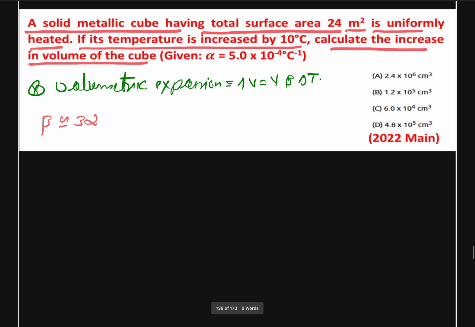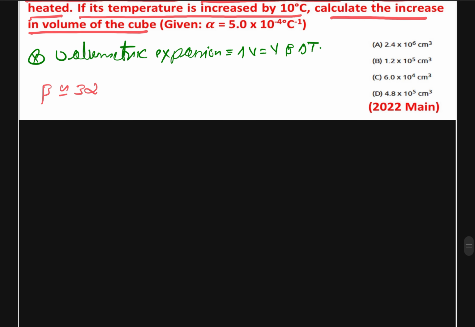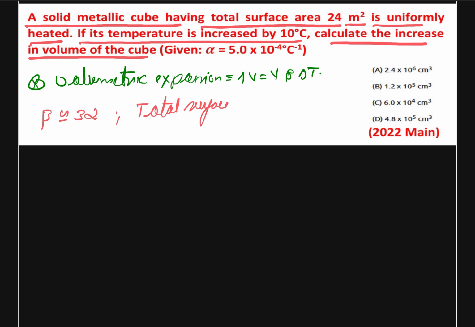Surface area is given to us as 24. So we can say total surface area for our cube is 6a square, which is given as 24. Therefore, from here we can say our a is equal to 2 meters.